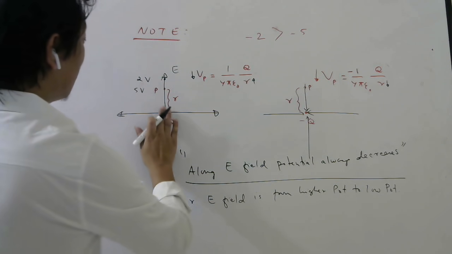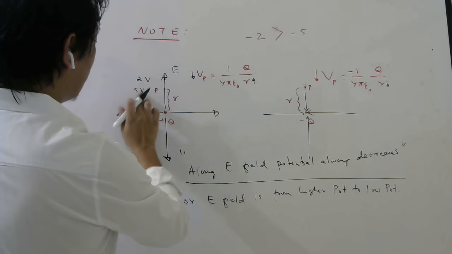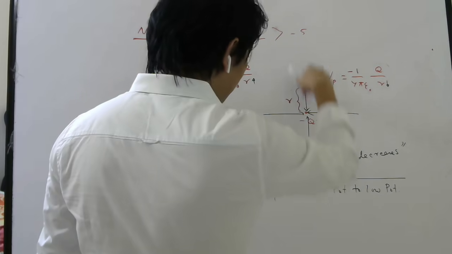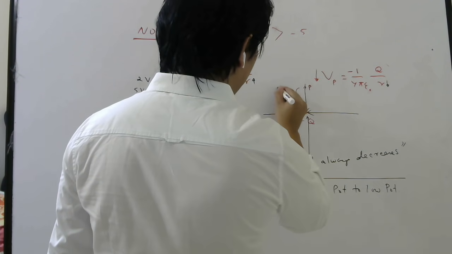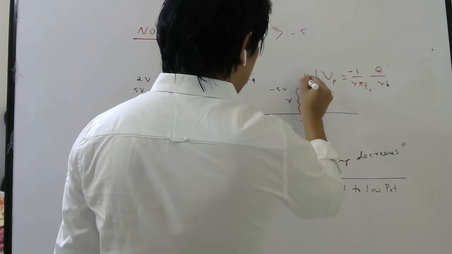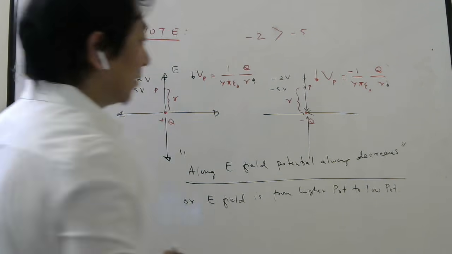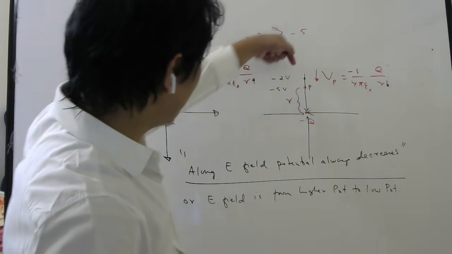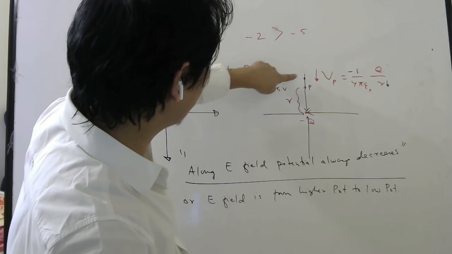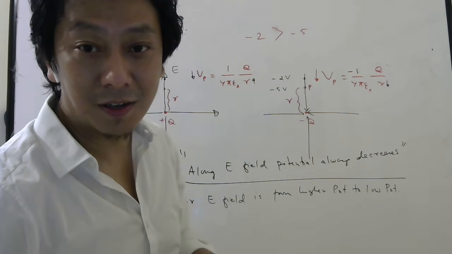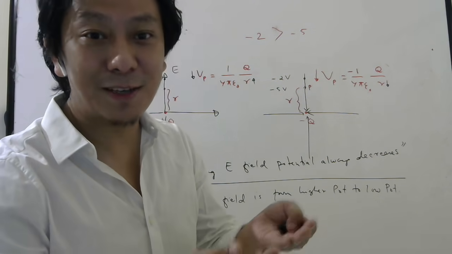As you move along the electric field, you are going from 5 volt to 2 volt. Here, if you move this way, if this is minus 5 volt, this will be minus 2 volt. Yes or no, students? So the electric field will be this way, coming from minus 2 volt to minus 5 volt. Minus 5 volt is lesser than minus 2 volt, remember.